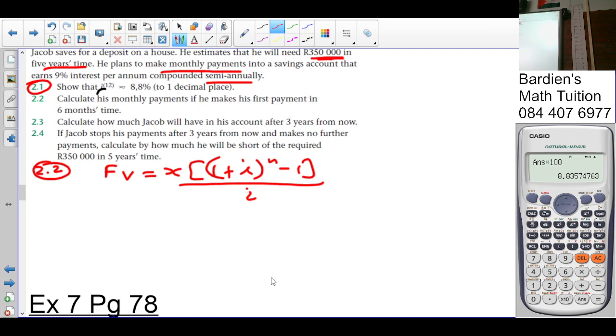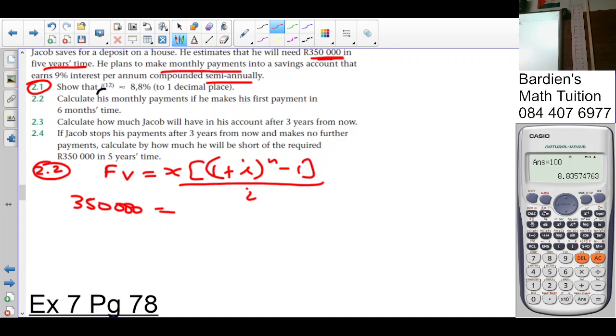Calculate his monthly payment if he makes his first payment in 6 months' time. You see, what he needs in future is 350,000, not so?